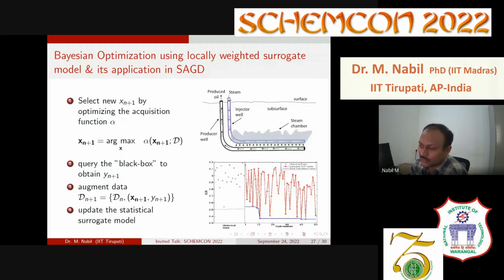So in this, what you see is a steam assisted gravity drainage process that depicts how to produce oil. Essentially you have a well where you inject the steam, and it will create a layer of softened oil. Because of the increase in temperature, it can liquefy the oil, which was initially in a semi-solid state.